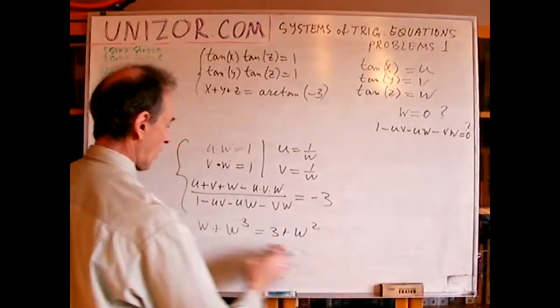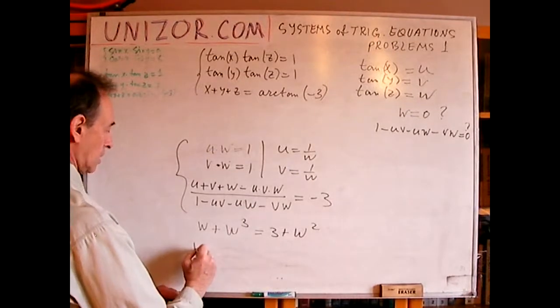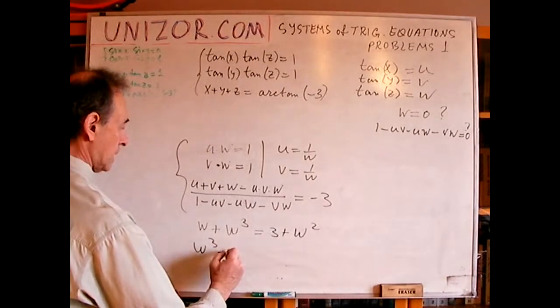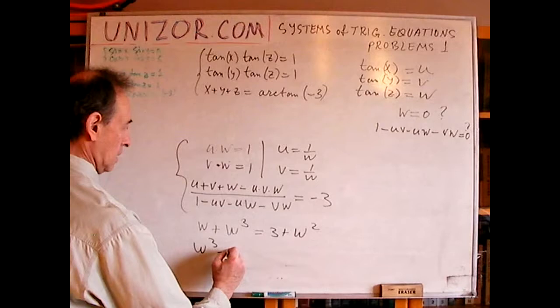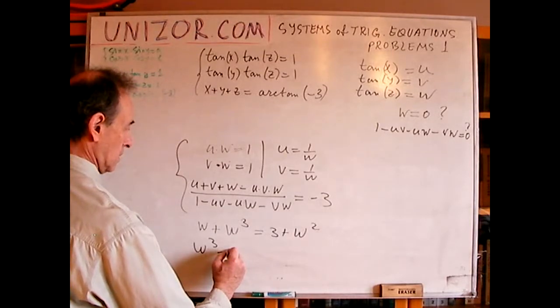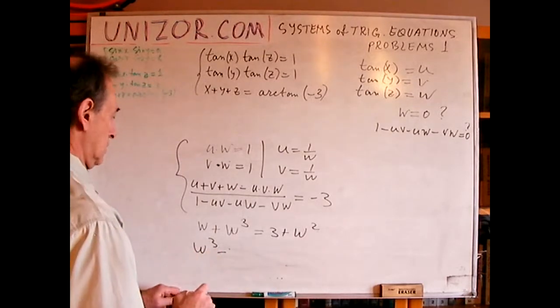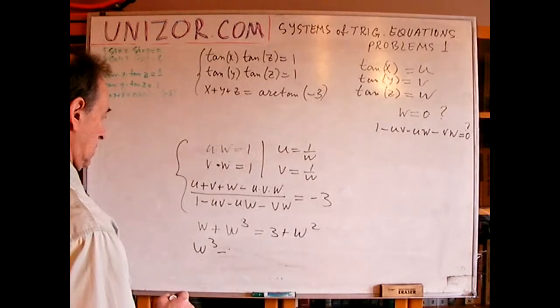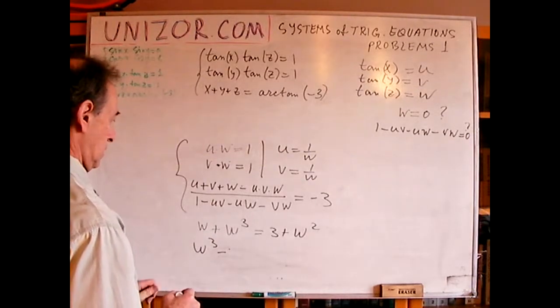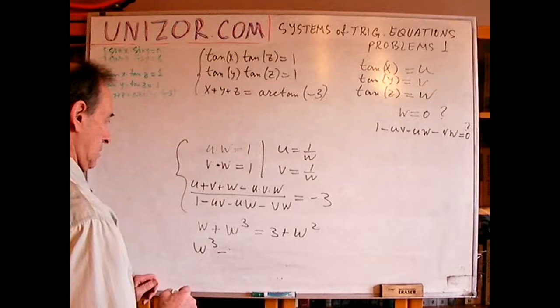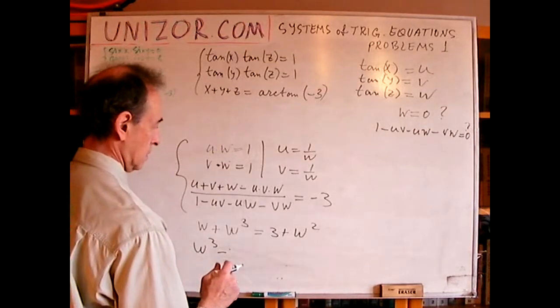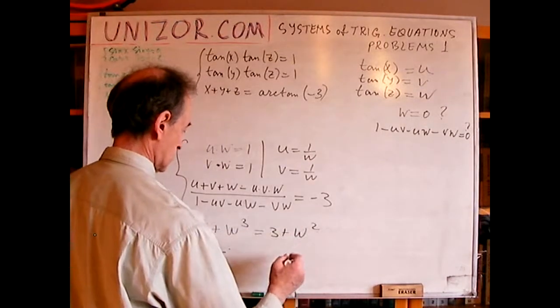And let me rewrite it like a real equation. W cubed minus, no, I think I made a mistake. It's 3w. Yes, it was 3w.